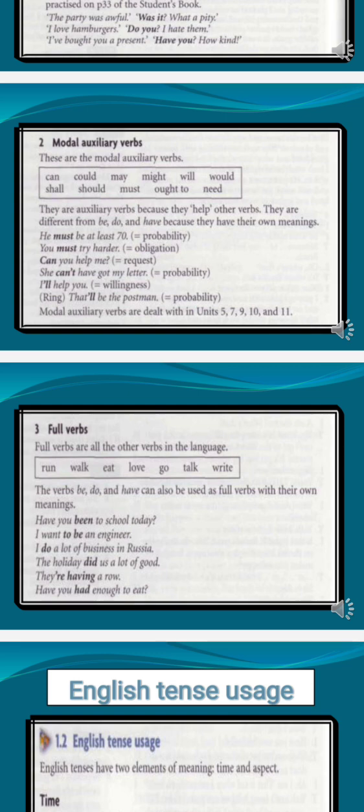For example, he must be at least 70. It means probability. You must try harder. It means obligation. Can you help me? It means request. She cannot have got my letter. It means probability. I'll help you. It means willingness. Ring. That shall be the postman. It means probability.